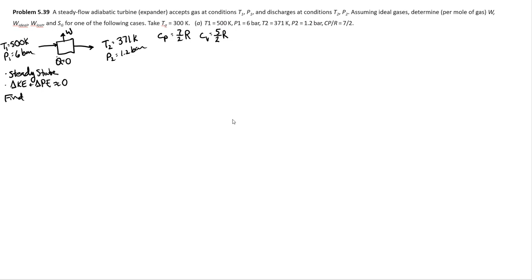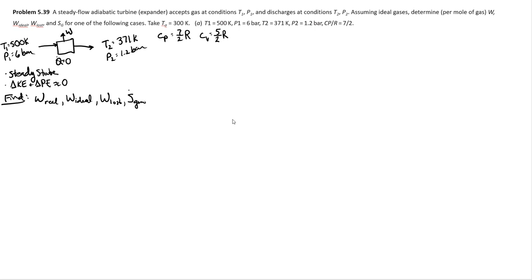And what do we want to find? We want to find the work. I like writing real work, ideal work, lost work, and the total entropy generation, S dot gen or SG.